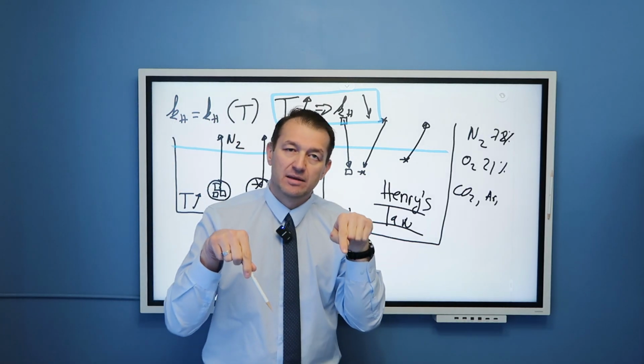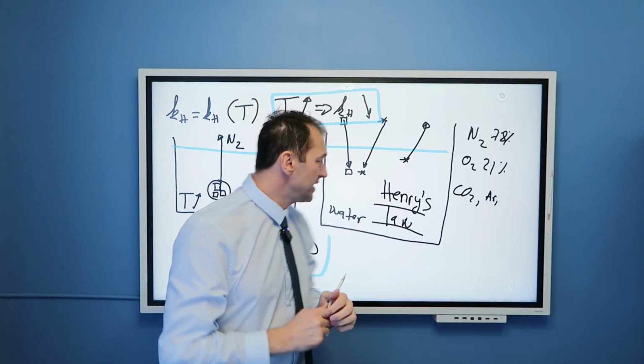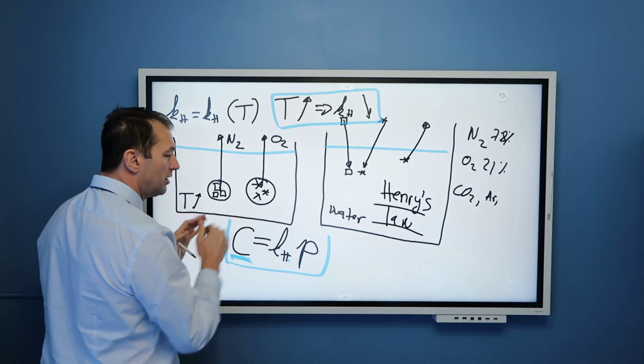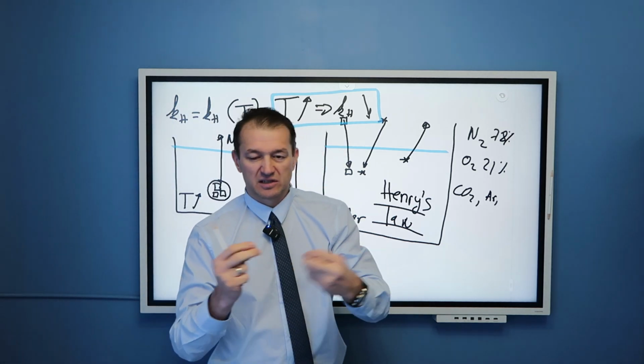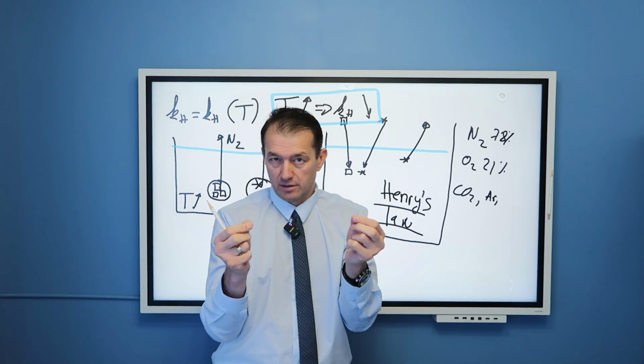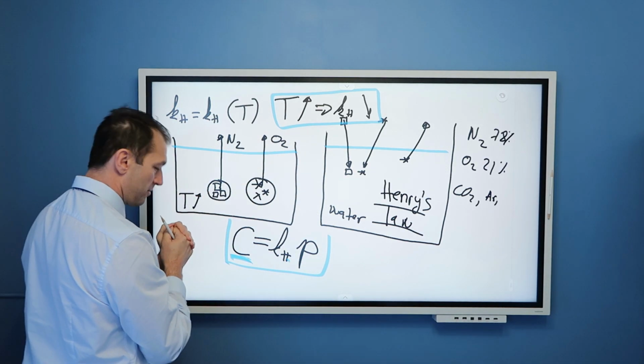Why are they at the bottom of the pot? Two reasons. Reason number one, these small bubbles typically form at irregularities, scratches, impurities close to the container that holds water. That's the best place for them to form.